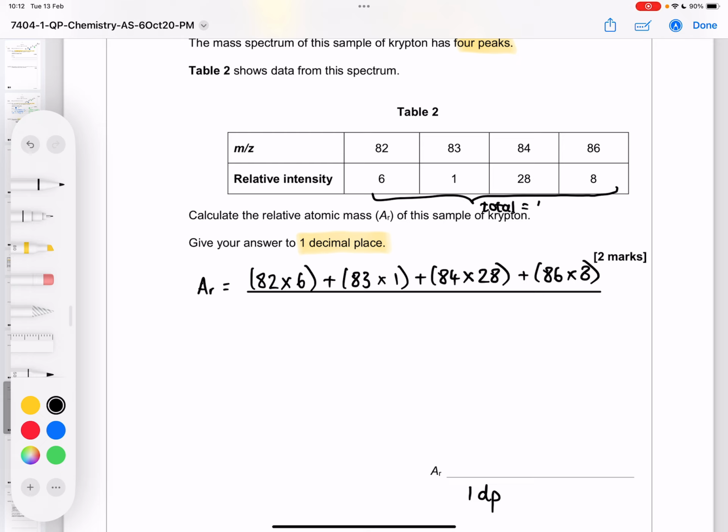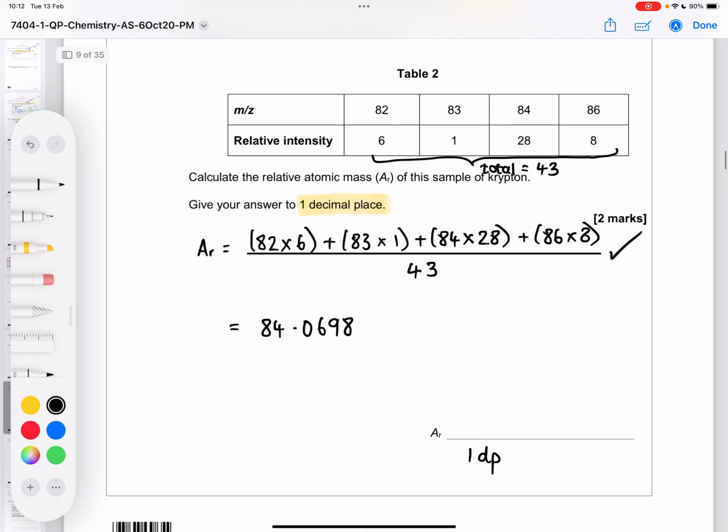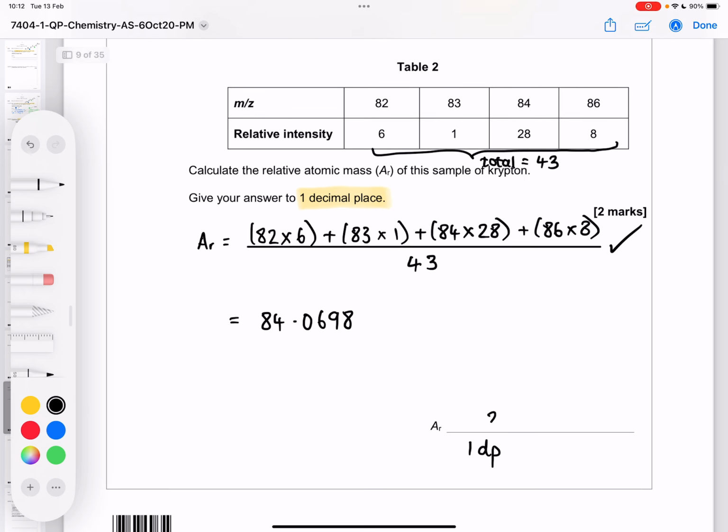So you add them up, you'll get 43. So your bottom line is going to be 43. You type all that in your calculator, and your calculator will say this number, 84.090698, but we have to give our answer to 1 decimal place, so it becomes 84.1. We must follow the instructions in the question.